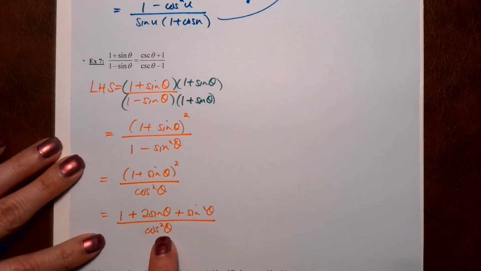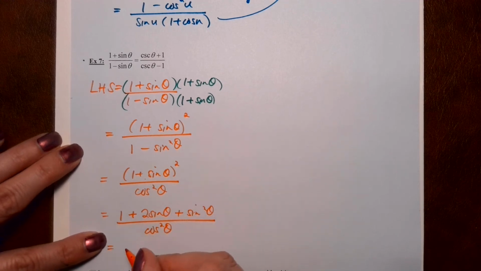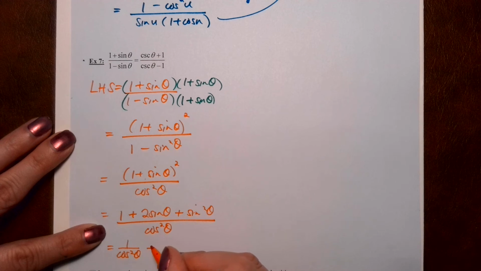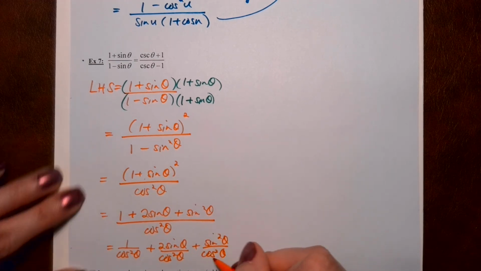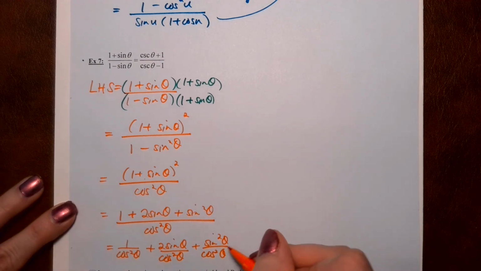Now, who gets divided by cosine squared? Each of them. So we have 1 getting divided by cosine squared, and then 2 times sine gets divided by cosine squared, and sine squared over cosine squared.